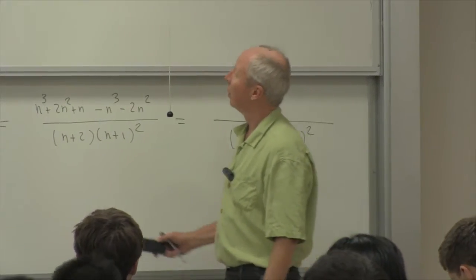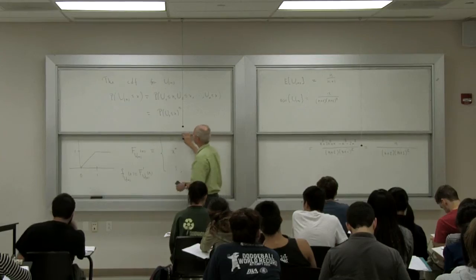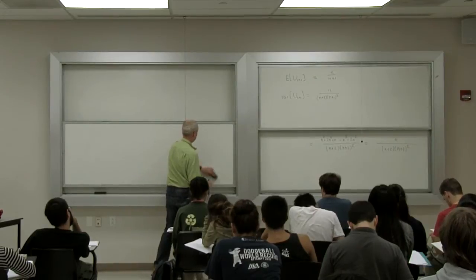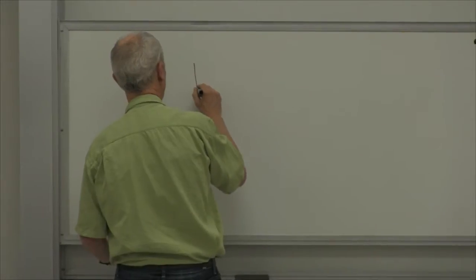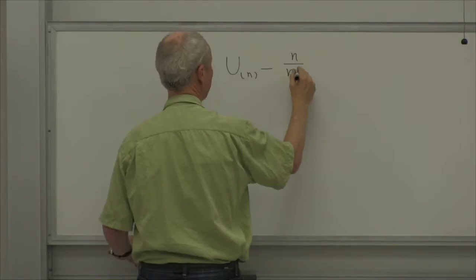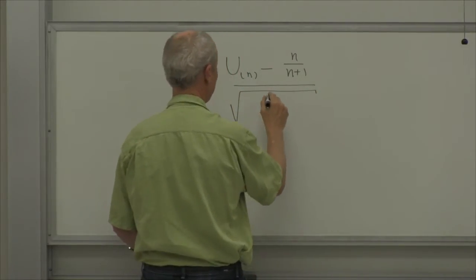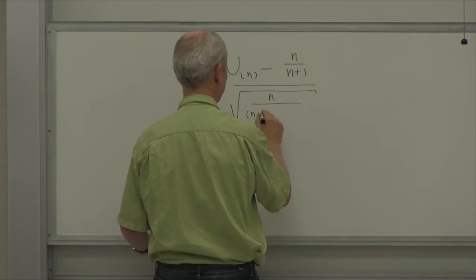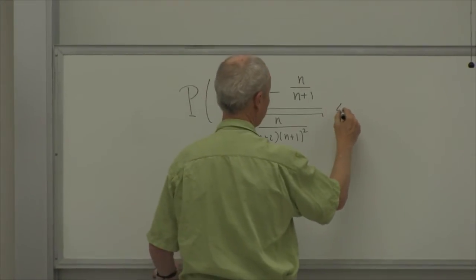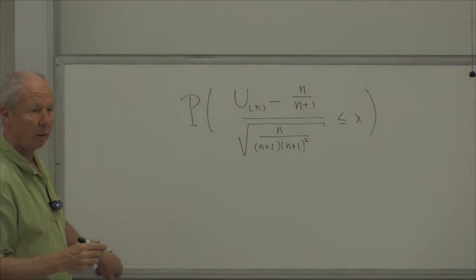Okay, so we'll take U_n, subtract that, and divide by the square root of this, and try to compute the probability that this is less than or equal to x.